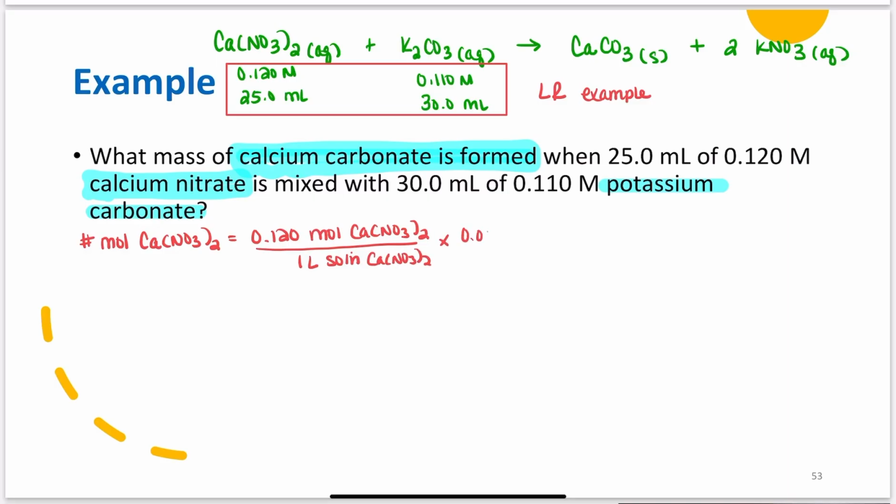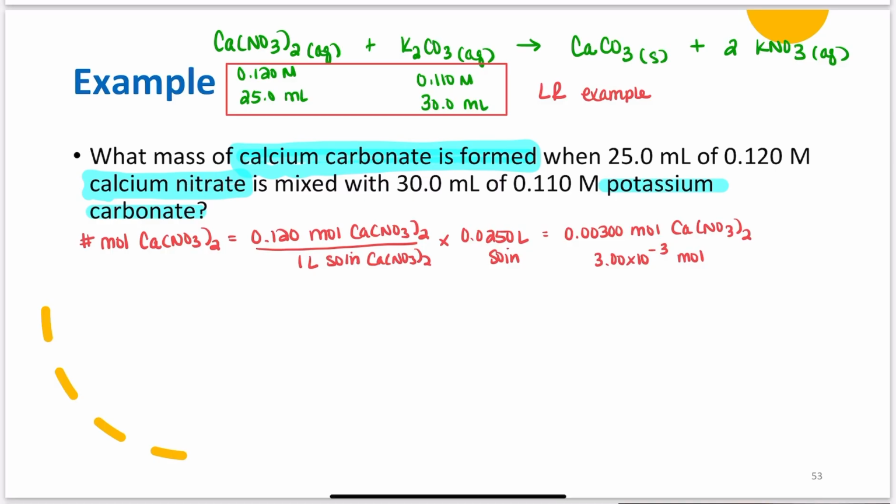And I have 25 mL of it, which is 0.0250 liters of solution. This gives me 0.00300 moles of calcium nitrate. I am not picky if you put this in scientific notation or not. As long as you write it correctly, I don't care what you do, okay? Makes no difference to me.